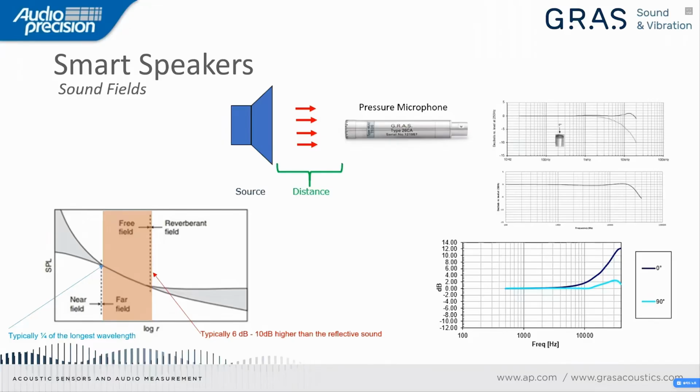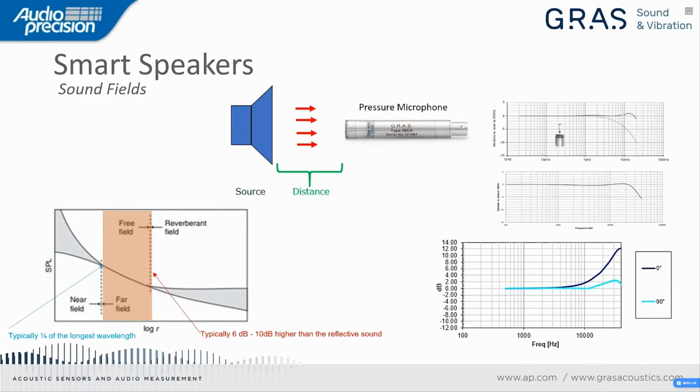As we can see, with a microphone like this at about 20K, we will measure about 5 dB higher sound pressure level. So the pressure microphone is not a good microphone to use in a free field.